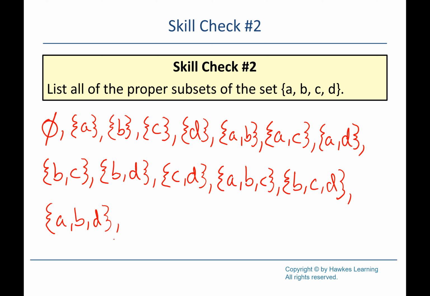And then we're missing one. Let's check it. Here we left out D, here we left out A, here we left out C. So now we've got to do ACD. The last one.